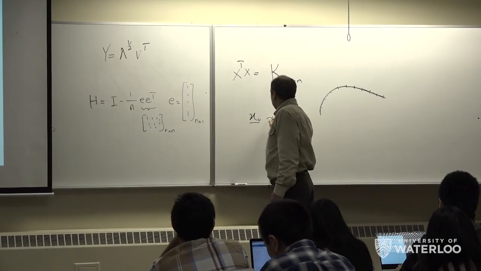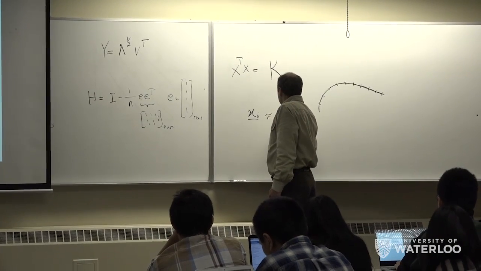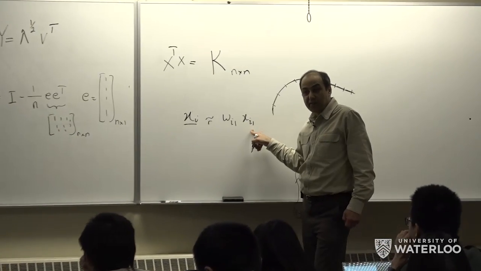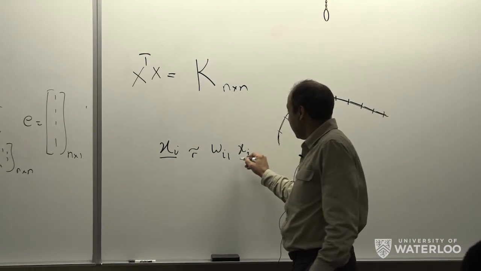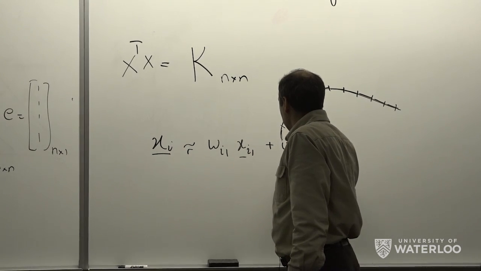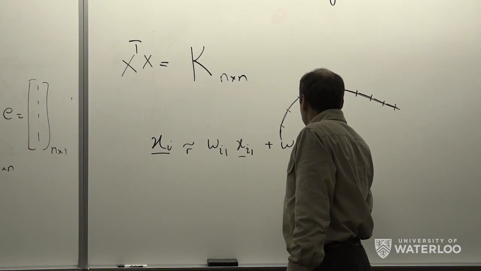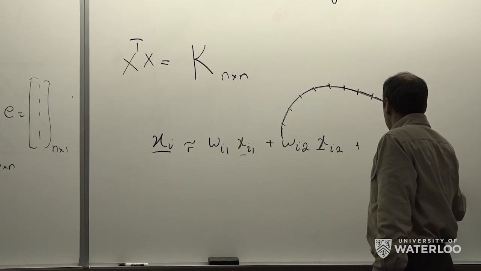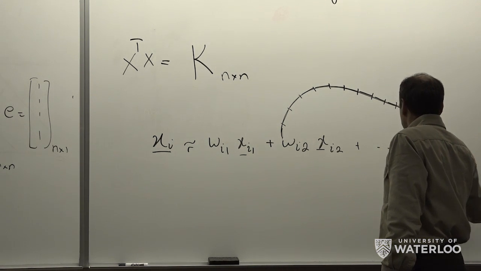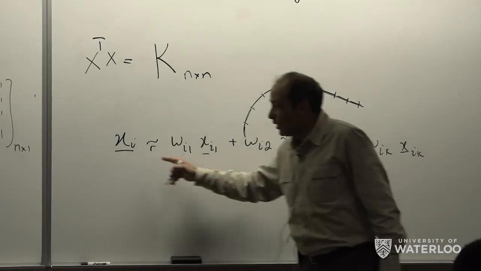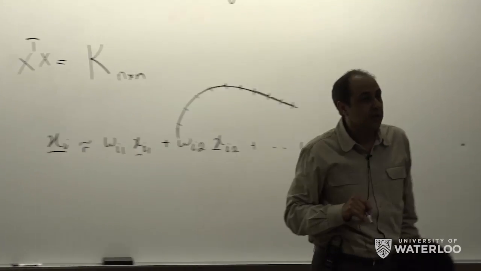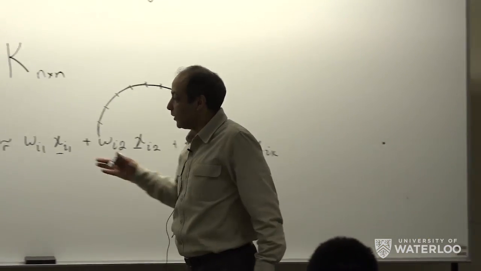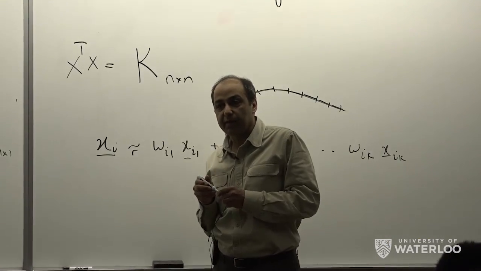So I would like wi1 times xi1, where xi1 is the first neighbor of xi, plus wi2 times xi2, plus wik times xik. I want this to be approximately xi. Okay? So I need to reconstruct each point by its k nearest neighbors.